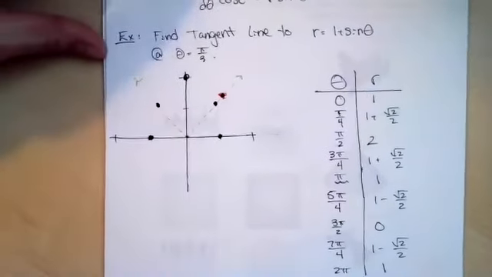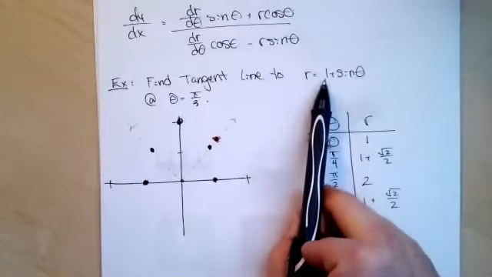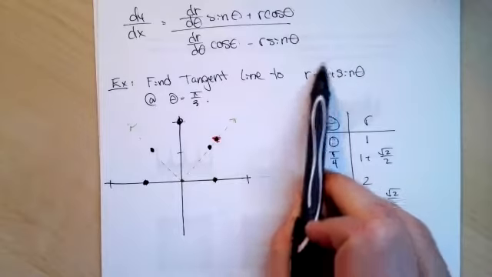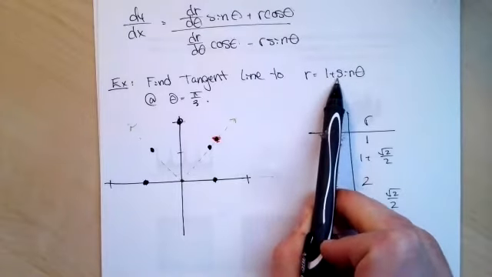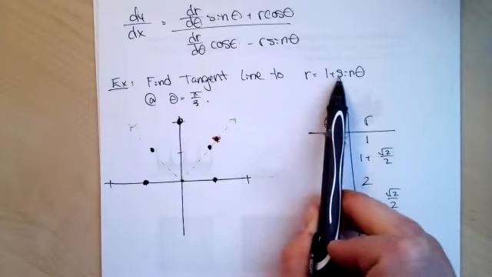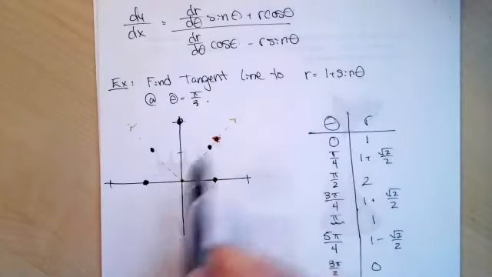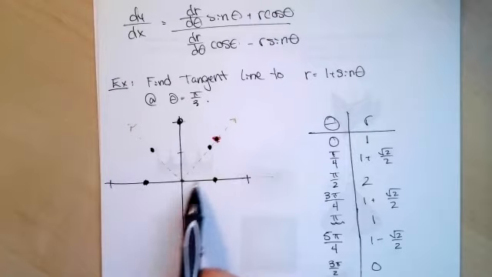And now on the bottom half, it's going to do something a little weird. It's going to depend on the value of this constant as well as any scalar constant. So sometimes you could see like 2 plus 3 sine theta or like 4 minus 2 sine theta. It's going to change what's going on here in this bottom half.